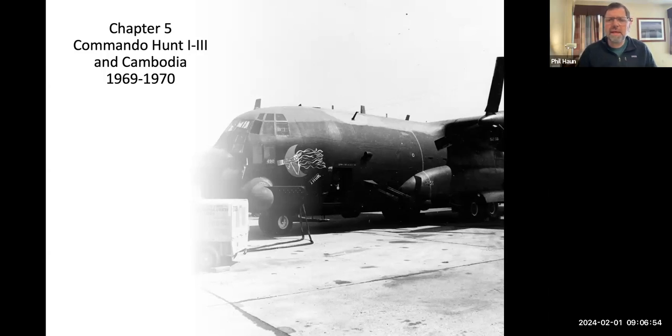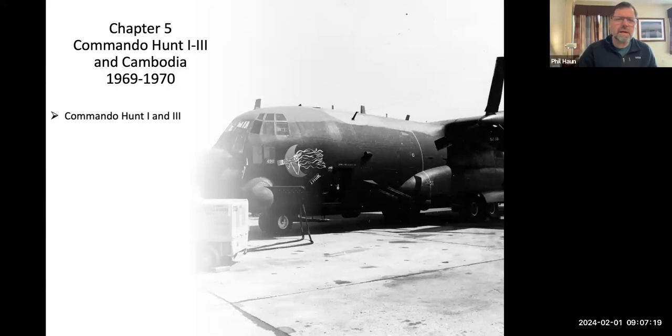Here is a picture of an AC-130 called the Special Package. You can see on the chin of this aircraft some of the sensors of what becomes the modern AC-130 gunship, which is the number one truck killer during the Commando Hunt campaign.